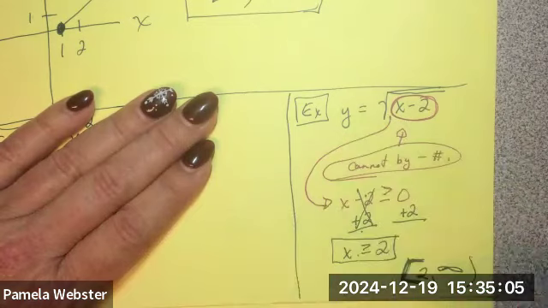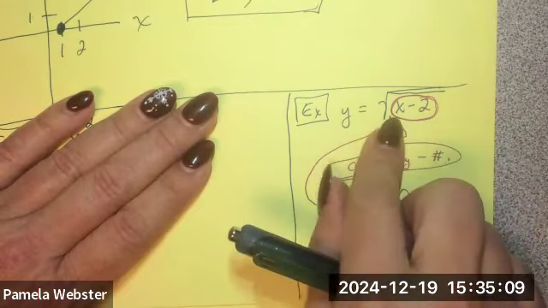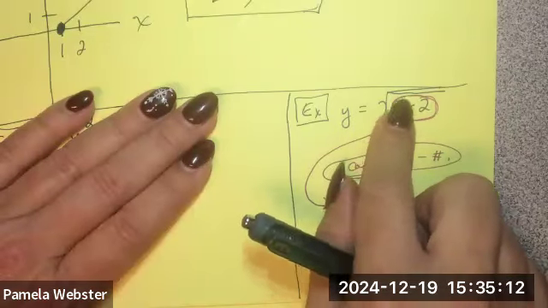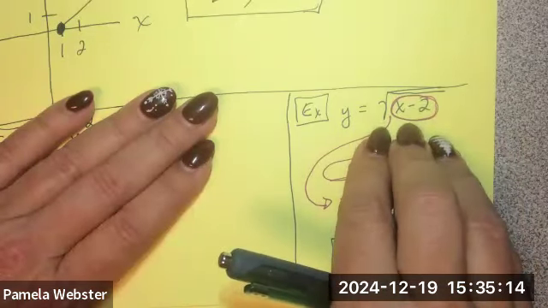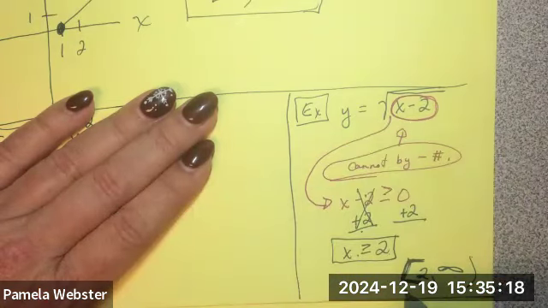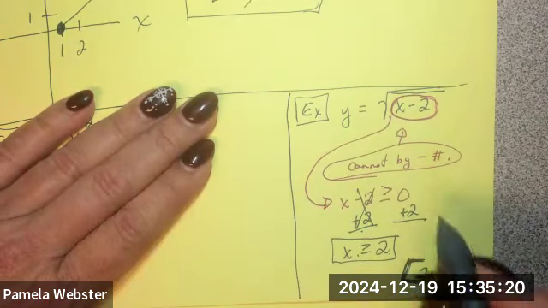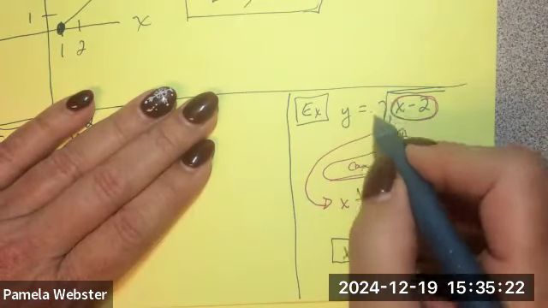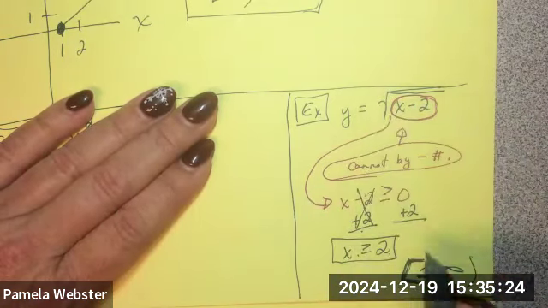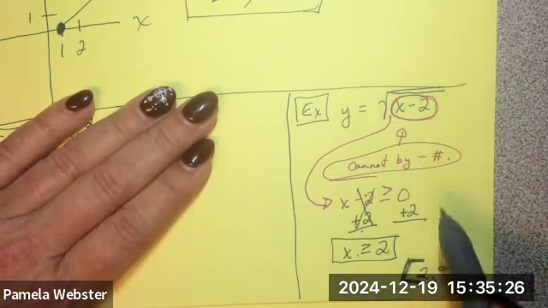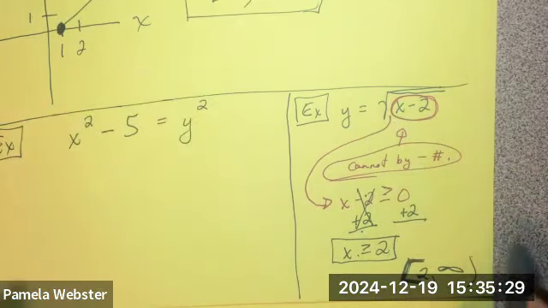Square root of 0 is okay. Or you can put in a bigger number. Let's try 6. 6 minus 2 is 4. Square root of 4 is 2. No problem. Where I'm going to have a problem is, again, if there's a plus or minus out there, it's not a function. Or if I'm looking at the domain, I have to worry about what's inside of that square root.